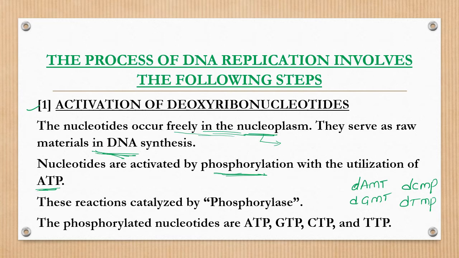These are all monophosphates, having one phosphate. When they utilize ATP and are phosphorylated, phosphate from ATP is added to these molecules.